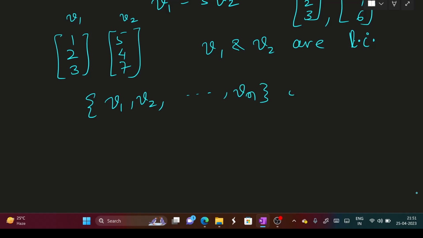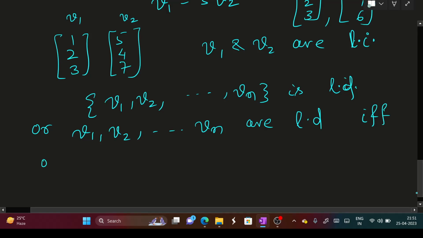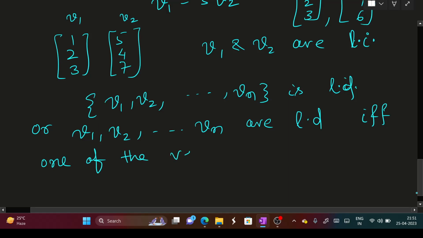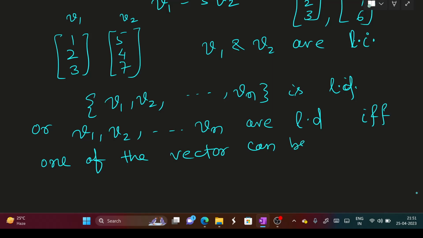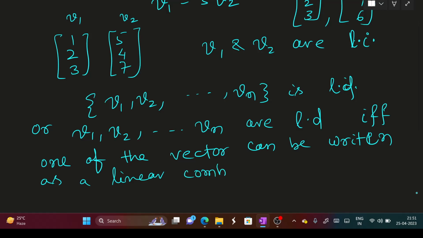V1, V2 and so on, Vn are linearly dependent if and only if, definitions are always if and only if, one of the vectors can be written as a linear combination of other vectors.